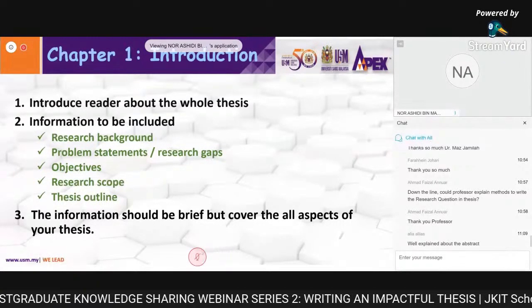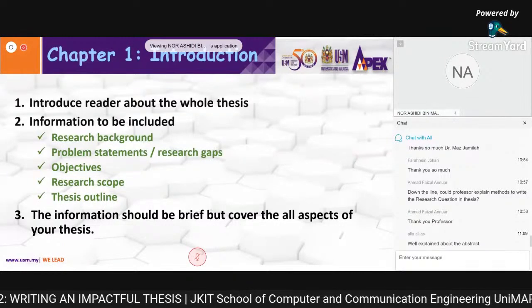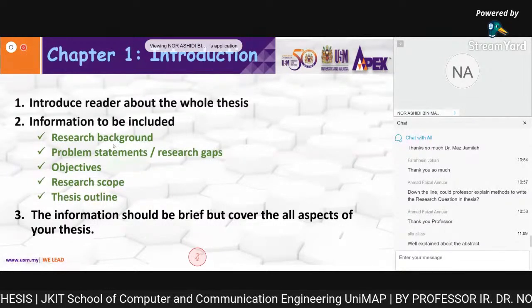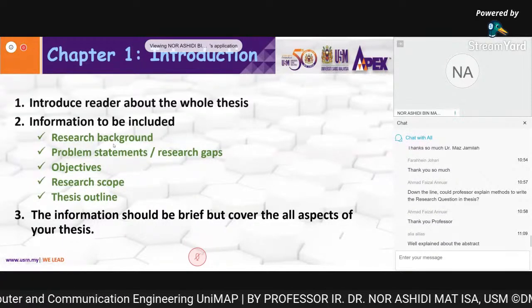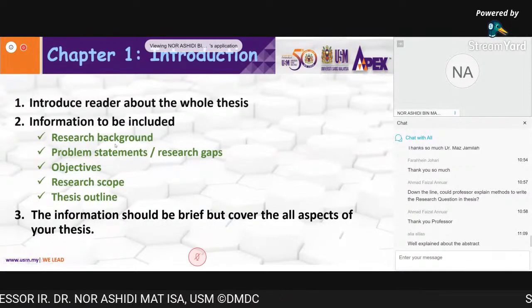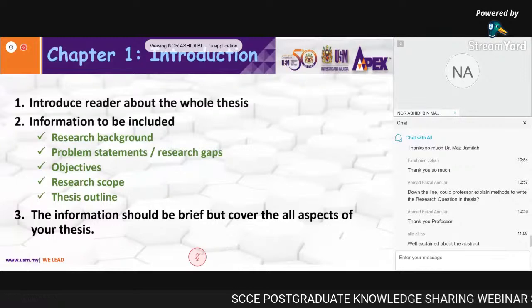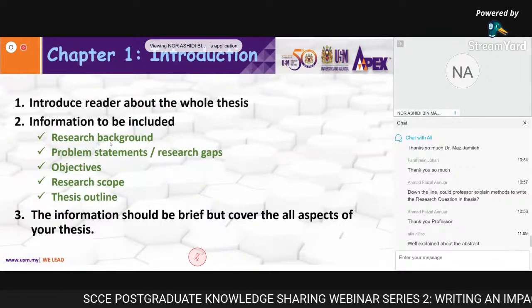Okay, basically for the research background, we will have a detailed research background in chapter 2, but now it is just to introduce. It is like when you want to enter someone's house, you need to knock, and then you need to give salam, assalamualaikum. So this is what you call the research background.